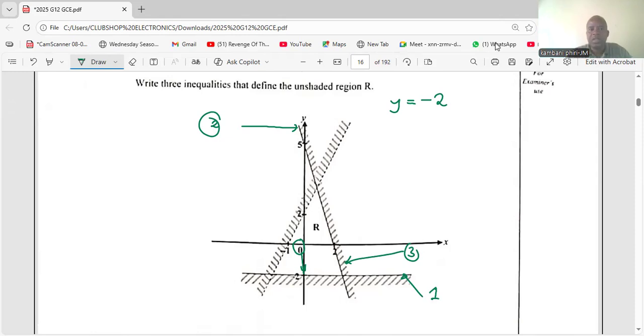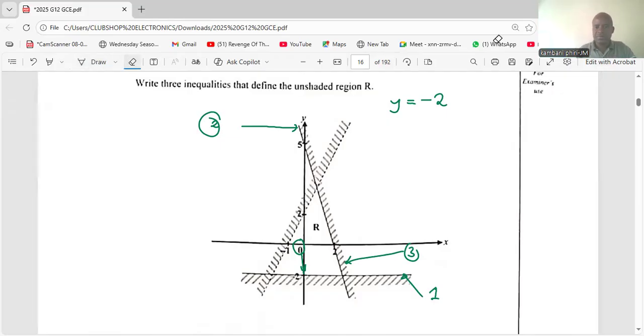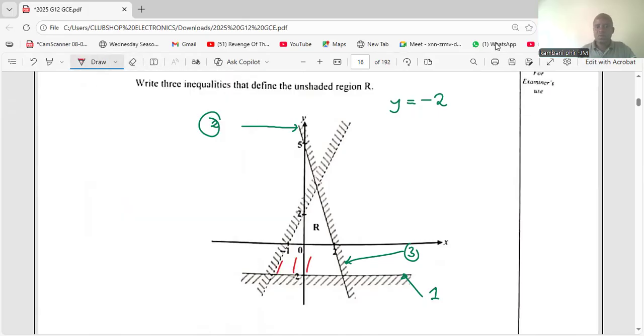Now we need to determine the inequality. We look at the area that is not shaded. You can see that the area that is not shaded is above -2, so any number above that is greater than that, right? And where it is shaded, it is below that.